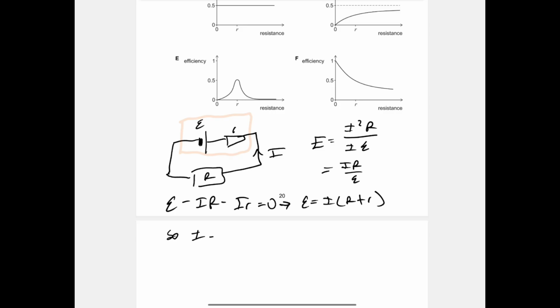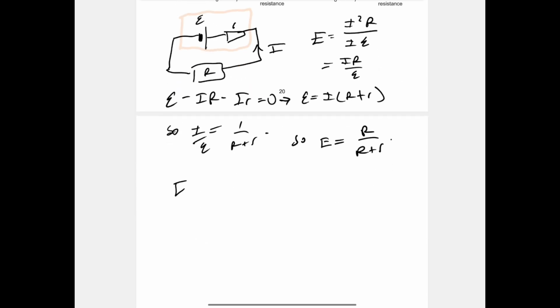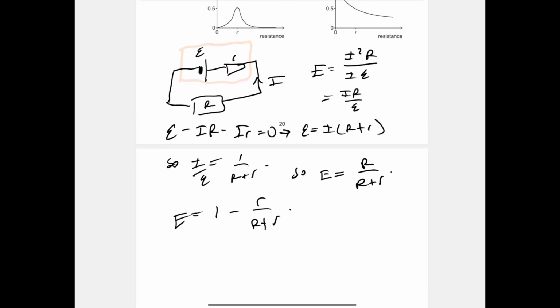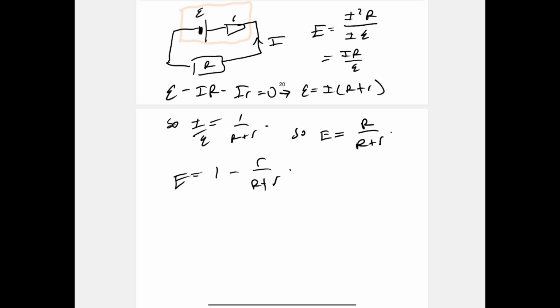So I over epsilon equals 1 over R plus r. So the efficiency E is R over R plus r. Another way of writing that is 1 minus r over R plus r. Now let's think about this, because the small r is just a constant.